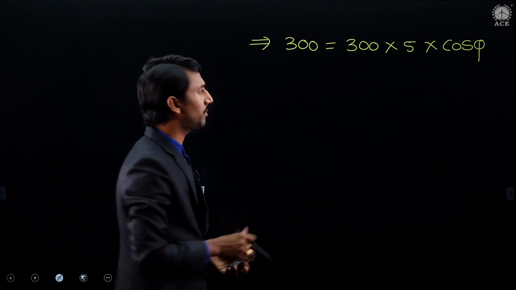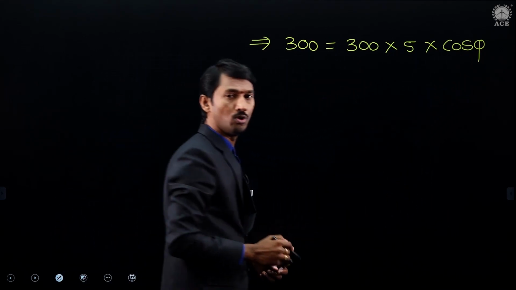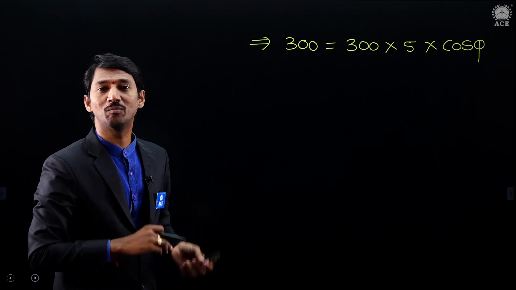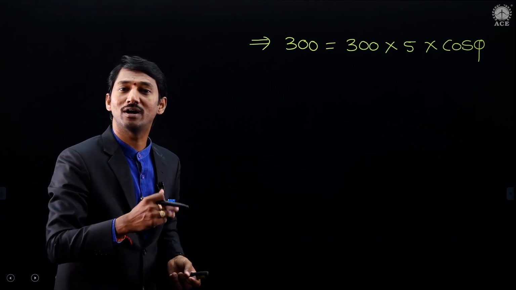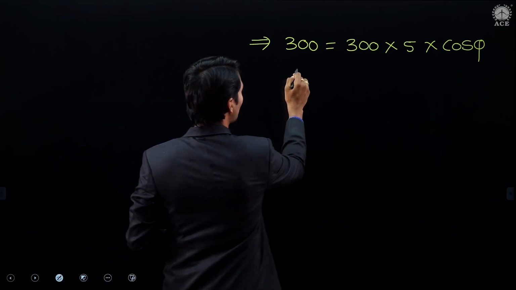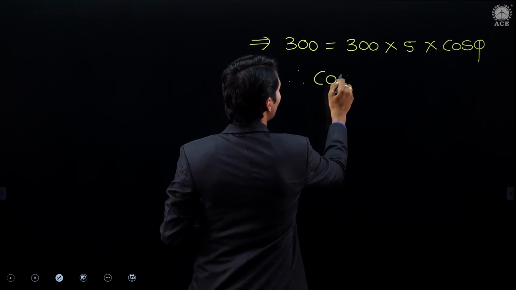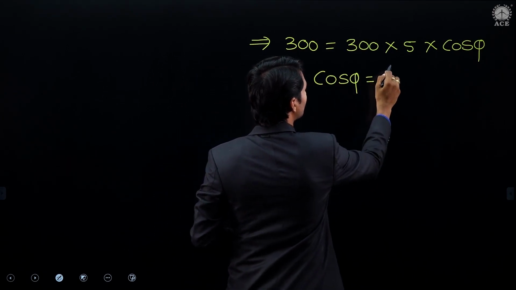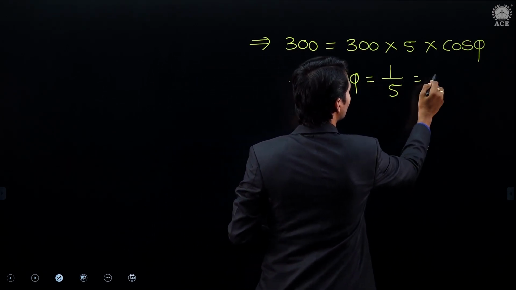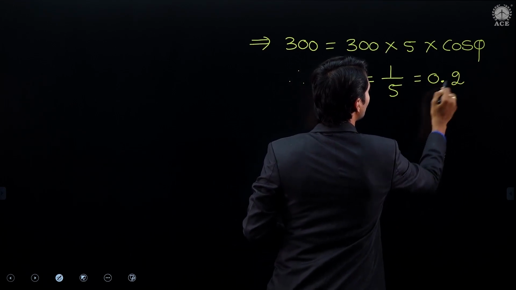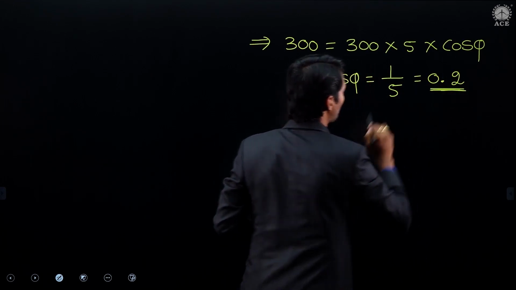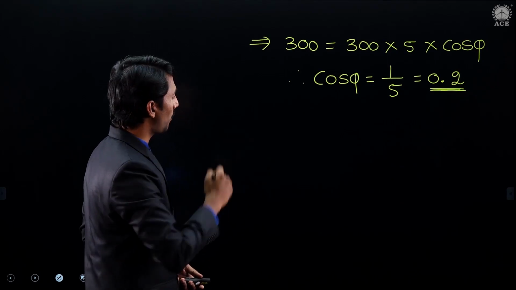Yes. So automatically the power factor is also going to be the maximum possible value. Therefore, cos phi is equal to 1 by 5. So therefore what is it? 0.22. But see, the answer is 0.2, okay.